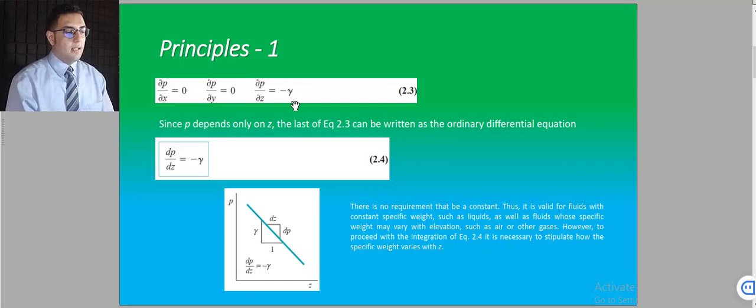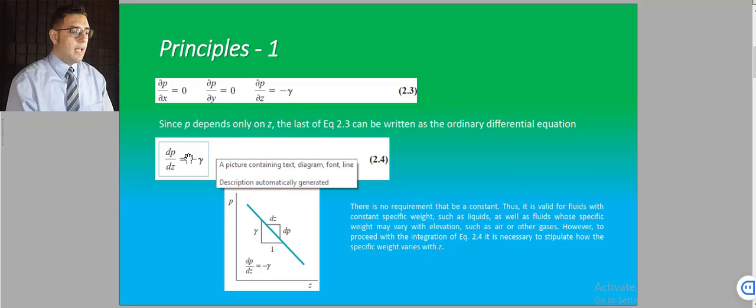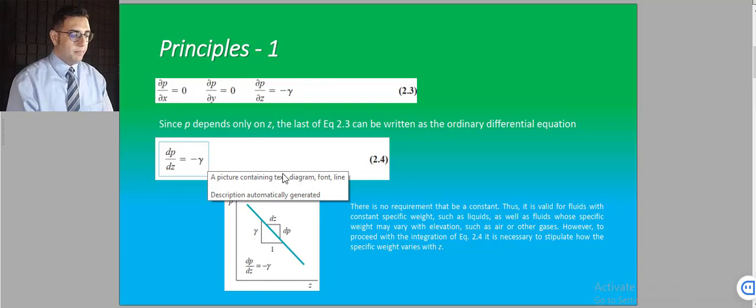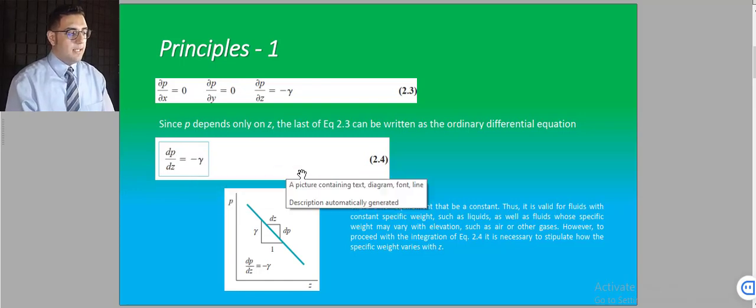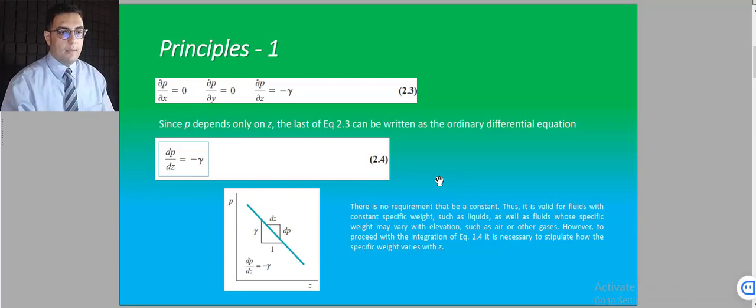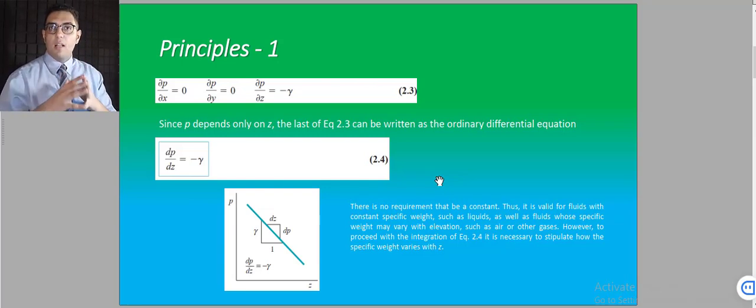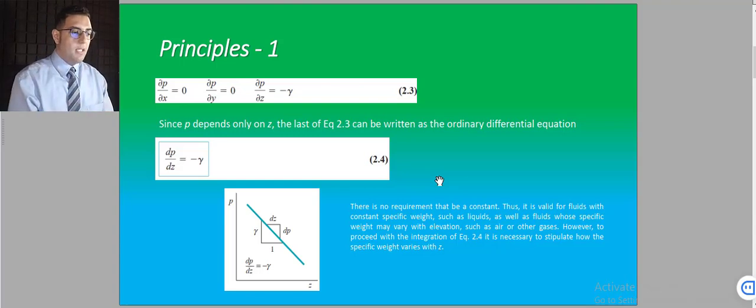As long as it is illustrated in a single direction, we define it as a normal derivative, which is dP over dZ equal to minus gamma. This equation means that we have a constant, but the constant term is only regarded for specific weight.